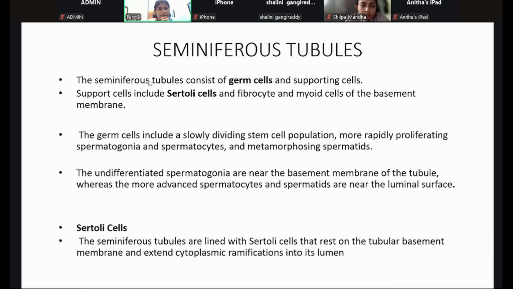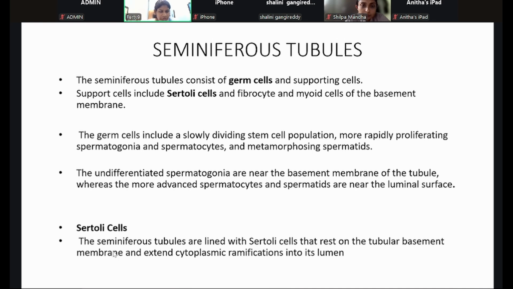So basically, the seminiferous tubules consist of germ cells and supporting cells. The germ cells are nothing but those spermatogonia. Those supporting cells are nothing but the Sertoli cells. Slowly, from those cells, the sperms will divide and then end up in a spermatid and spermatozoa.